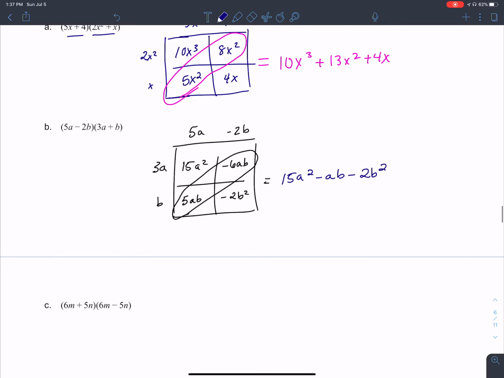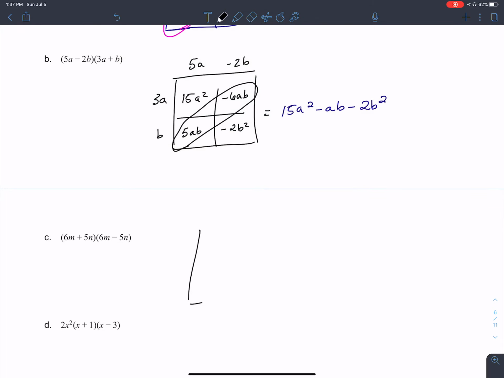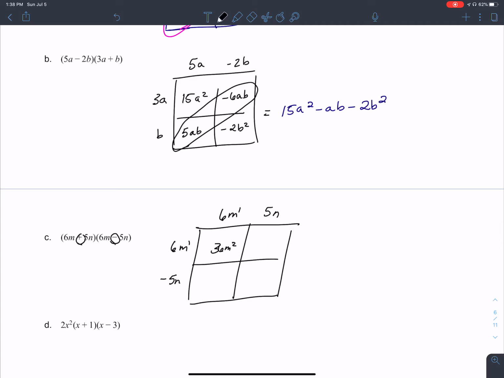Okay. All right, let's do another one. So 6m, 5n, 6m, minus 5n. If you look, this one might come out a little differently because these signs are the only thing that changes. So 6 times 6, 36 m squared, because these are both ones. 30mn, can't add anything.